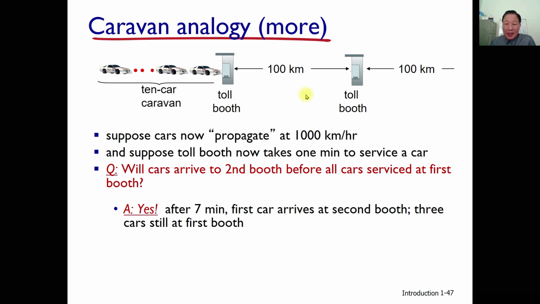That means 6 minutes from here to here. But it should be serviced here. It will take 1 minute. Thus, 1 minute plus 6 minutes, it will take 7 minutes. Still, the others are remaining there. 3 cars are still remaining there after 7 minutes.